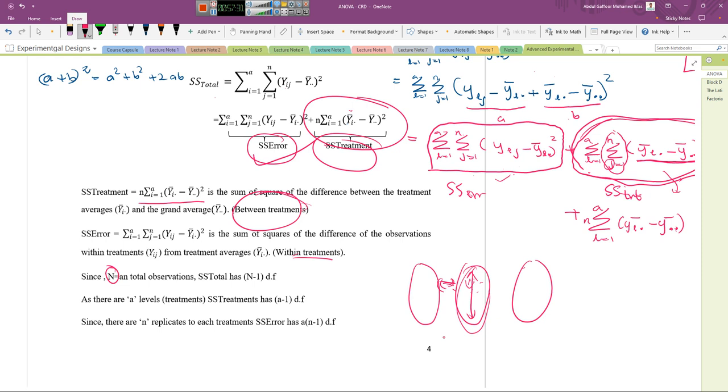So now if I write this down, SS total is equal to SS treatment plus SS error. Here an minus 1 is the degrees of freedom. Since we have a number of treatments, a minus 1 is the degrees of freedom for treatment, and since we have n replicates, a into n minus 1 will be the error degrees of freedom.